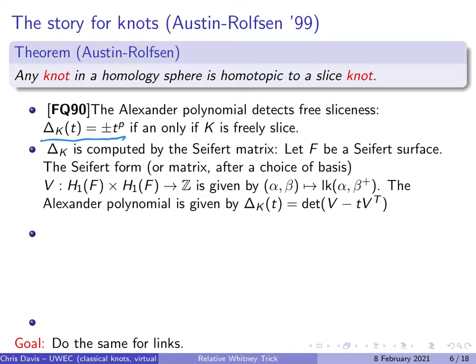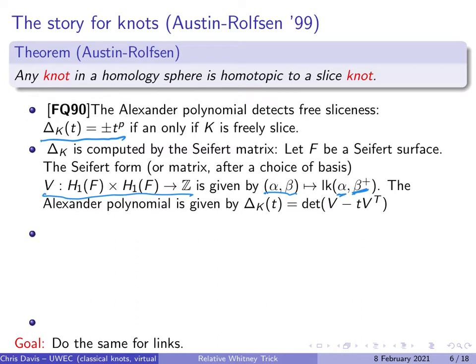So let's recall how to compute the Alexander polynomial. Let F be a Seifert surface. The Seifert form is a bilinear form from the first homology of that Seifert surface, cross the first homology of that Seifert surface, to the integers, given by taking two classes in H1, representing them by curves in F, pushing one of those curves off of the Seifert surface in the positive normal direction, leaving the other one alone.